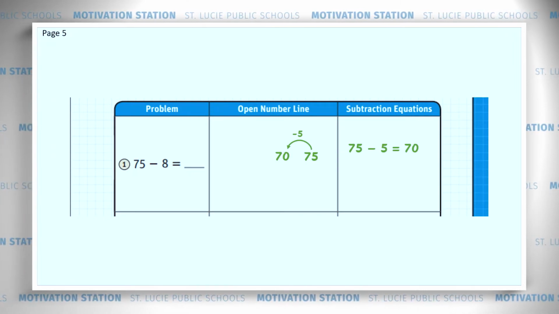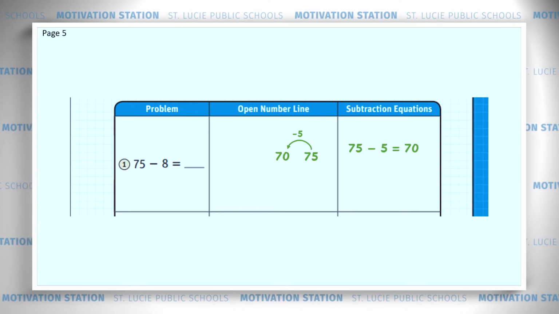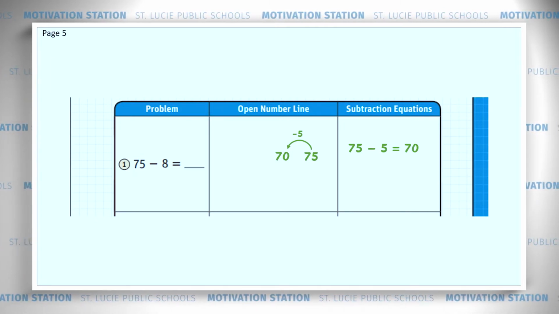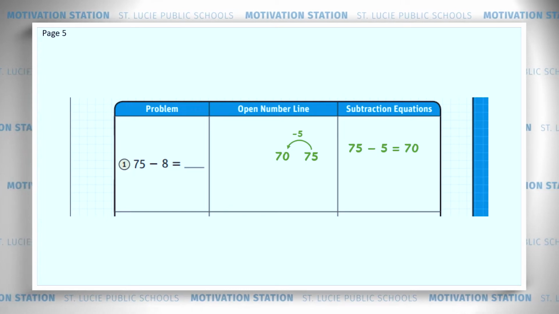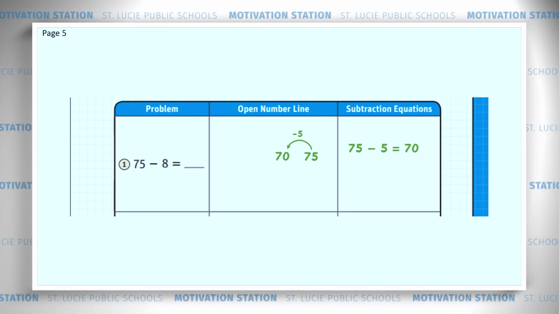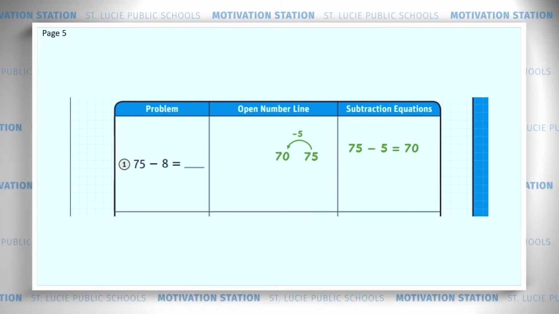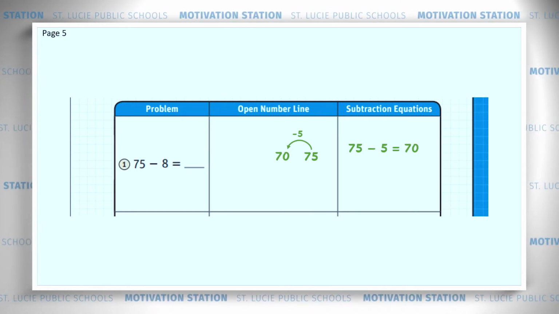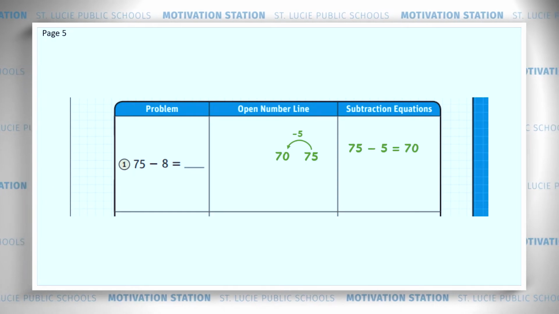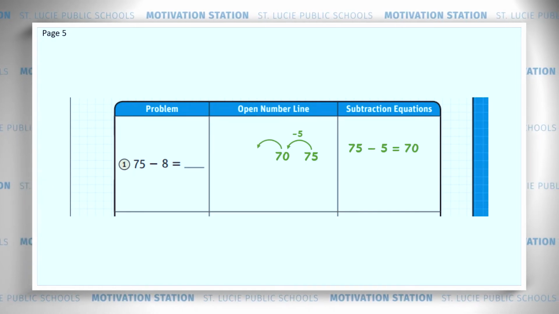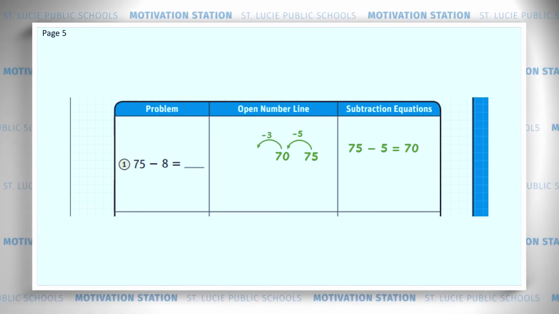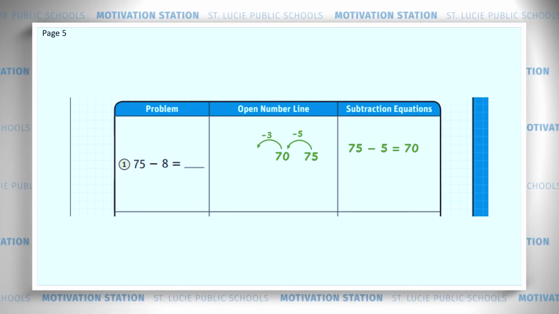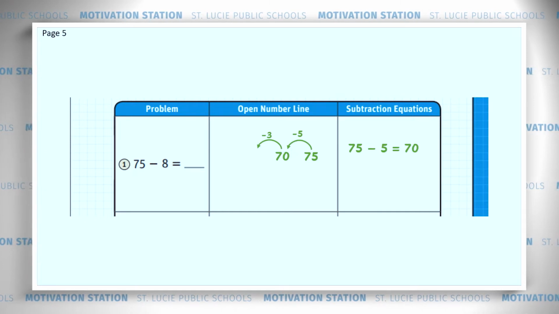Now I'm ready to think about my next jump. I've subtracted 5, but I need to subtract 8. How many more do I need to take away to subtract a total of 8? Well, 5 and what make 8? 3. So my next jump backwards is going to be minus 3. 3 and 5 make 8, so if I subtract another 3 after the 5, I'll have subtracted a total of 8.